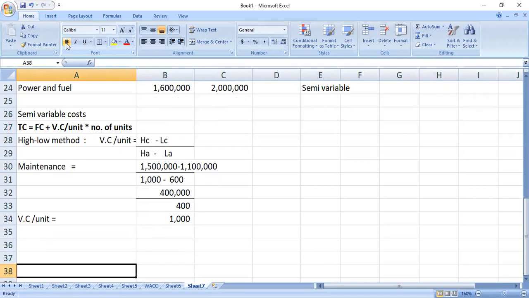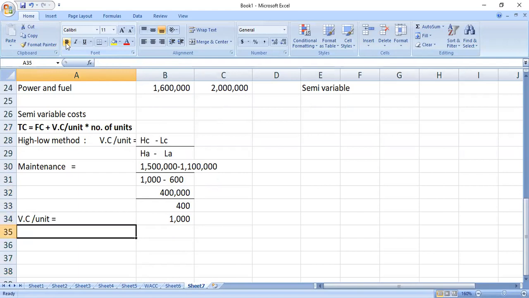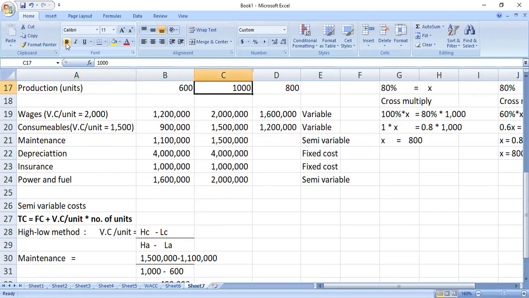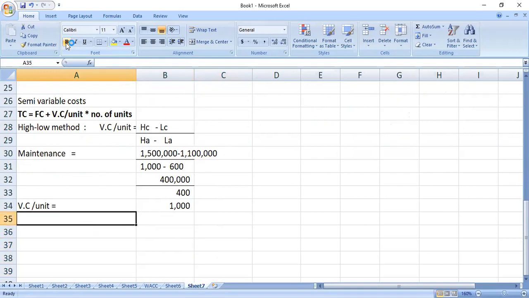Okay, so we have obtained our variable cost, which is 1,000. Now our next task is to get the fixed cost. So what we do is choose any line from these two classes. Let me go with the first one, which is 1.1M.